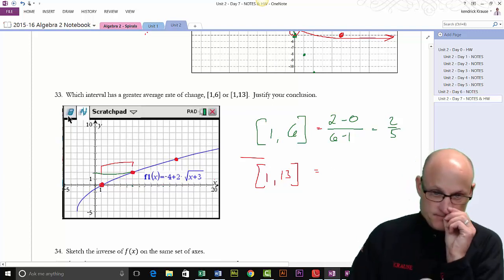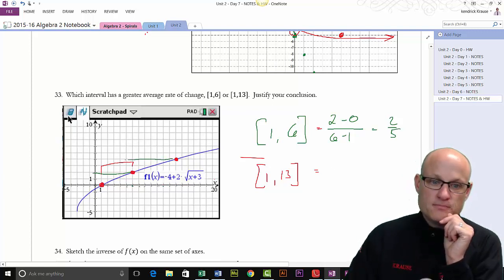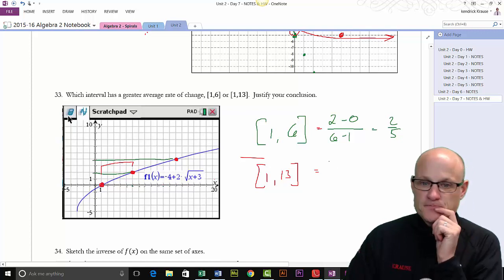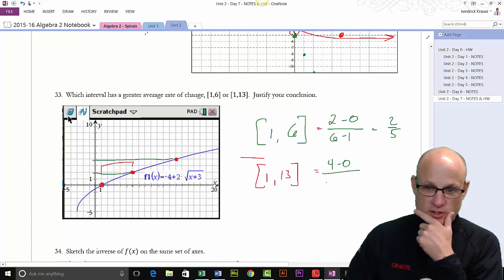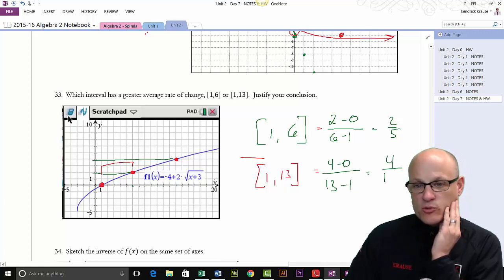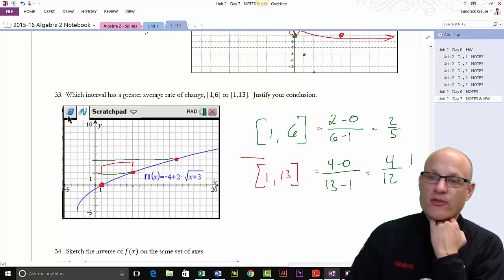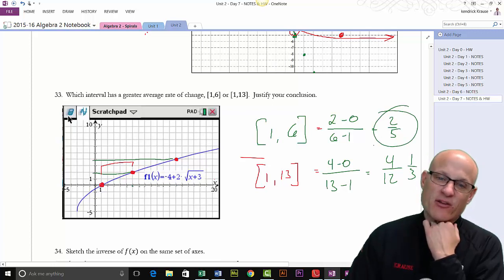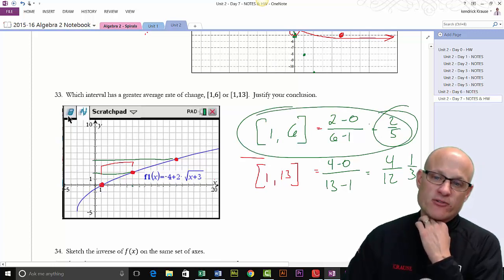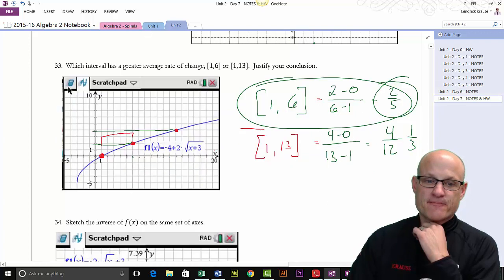This would be 4 minus 0 all over 13 minus 1, which is 4 over 12. So this is 1/3, and this is slightly bigger than 1/3. So this would have the higher rate of change. And it's steeper in that area.